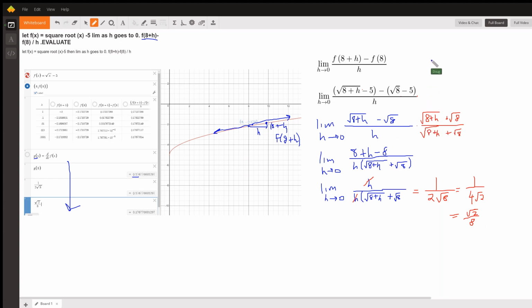Why do we do that? Because it's like a minus b times a plus b, and that's going to result in a difference of squares, a squared minus b squared.